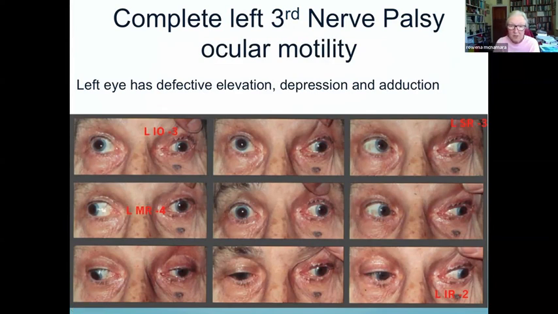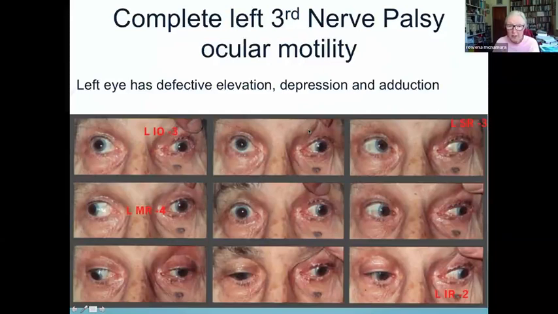In each position of gaze, I'm lifting the lid myself with my finger so that we can see the eye. So in the primary position, we have an exotropia in the left eye, the eye is out, and a hypotropia.